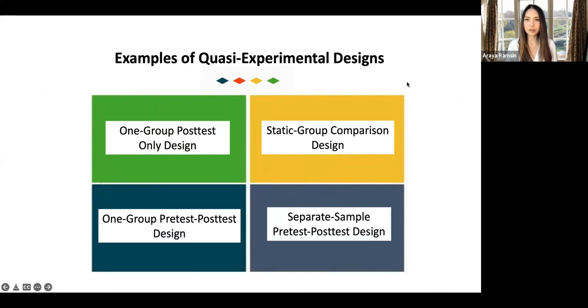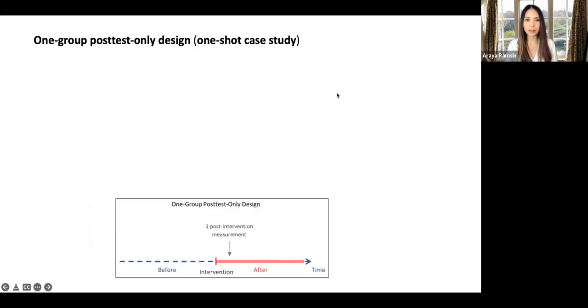Now I'm going to provide information on each one so you have a clearer picture of what each one looks like. Let's look at the first one, one group post-test only design, also known as one-shot case study. Please pay attention to these descriptions, because after I've told you about all four types, I'm going to have a quick test to see if you know what each one is. So pay attention to the details of each one.